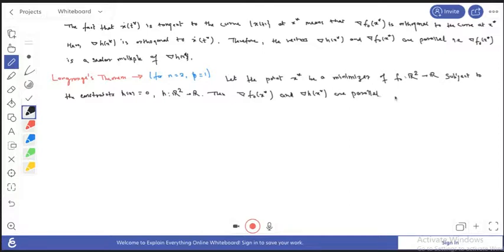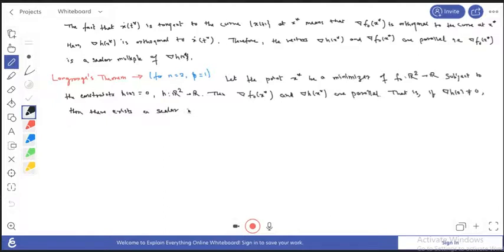Parallel in the sense that, if the gradient of h is a non-zero vector, this condition is important because it should not be a null vector, then there exists a scalar.